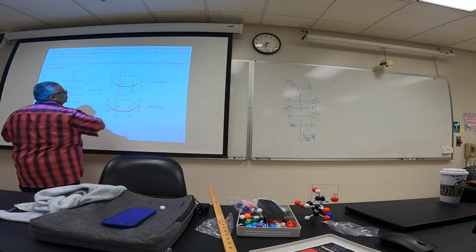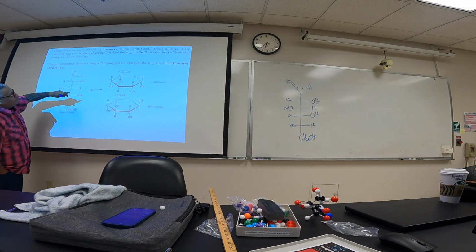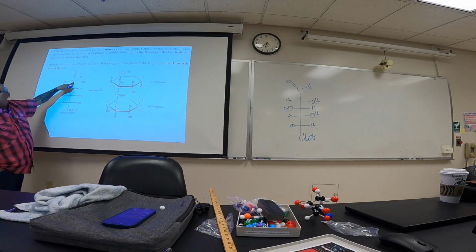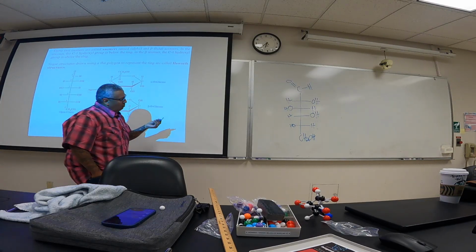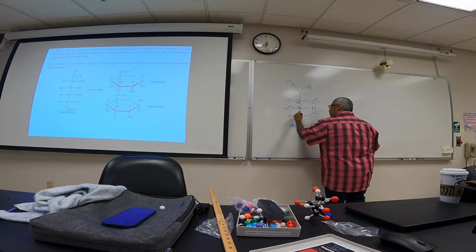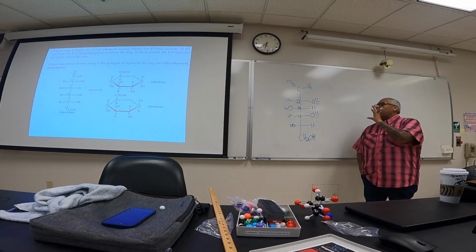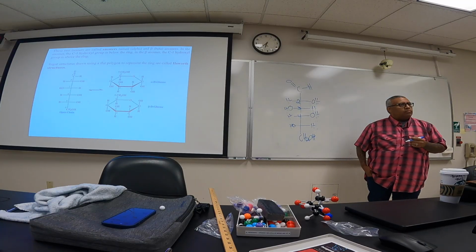As far as the Haworth structure goes, we're going to see something similar here. Carbon number 2, carbon number 3, and carbon number 4 is what dictated that this was glucose.